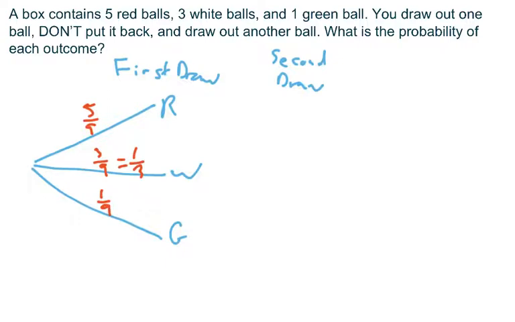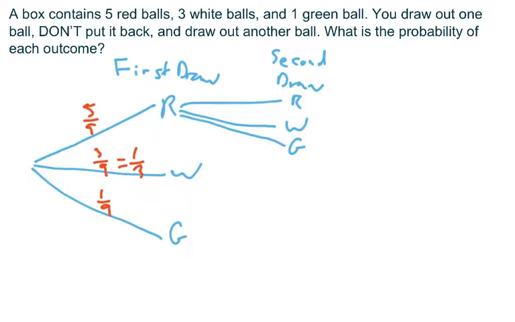When you draw out the second ball, if the first ball is red, you could draw out a red, a white, or a green. This might get a little cramped here. But something is different. Because my first ball that I drew out was red, I don't have 5 red balls anymore. I only have 4 of them.